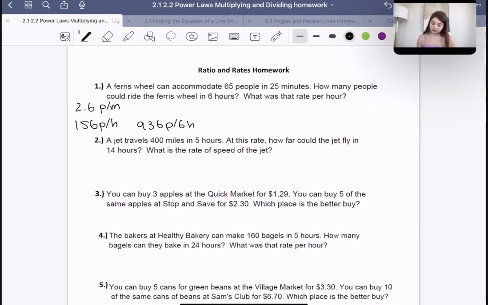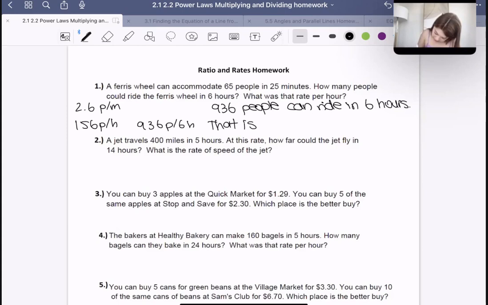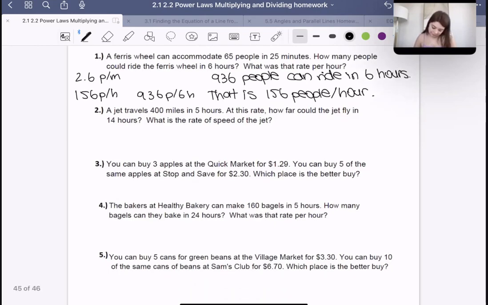So now to answer their questions, 936 people can ride in 6 hours, and that is 156 people per hour. That's the rate. Awesome.